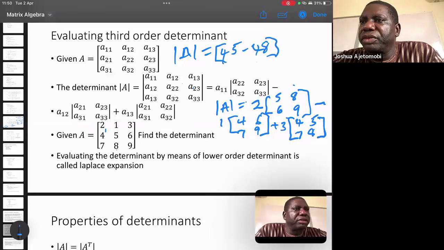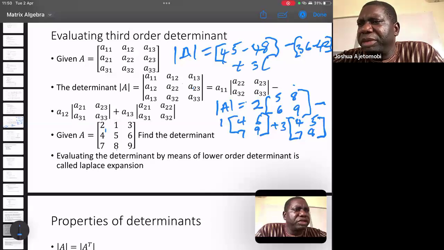Then minus 1 into 4 multiplied by 9, that will give us 36, minus 6 multiplied by 7, that will give us 42. Then plus 3 into 4 multiplied by 8, that will give us 32, minus 35.